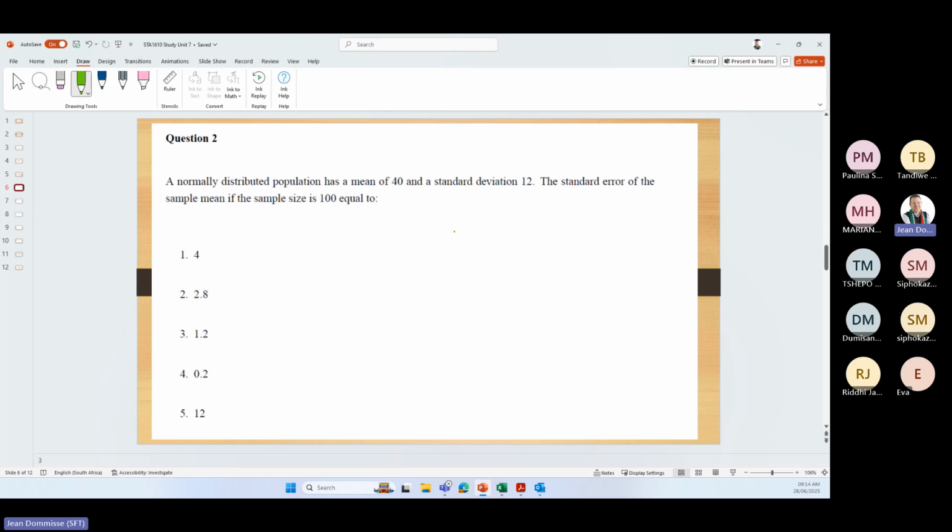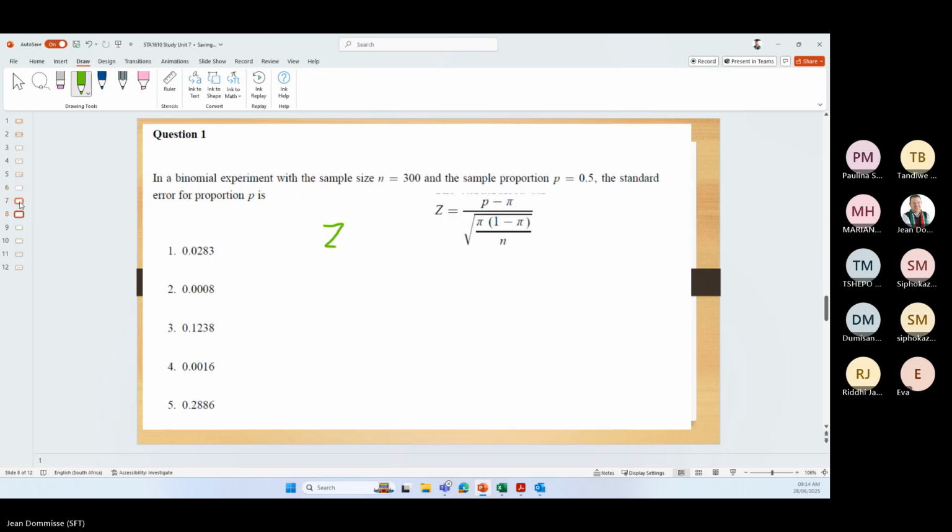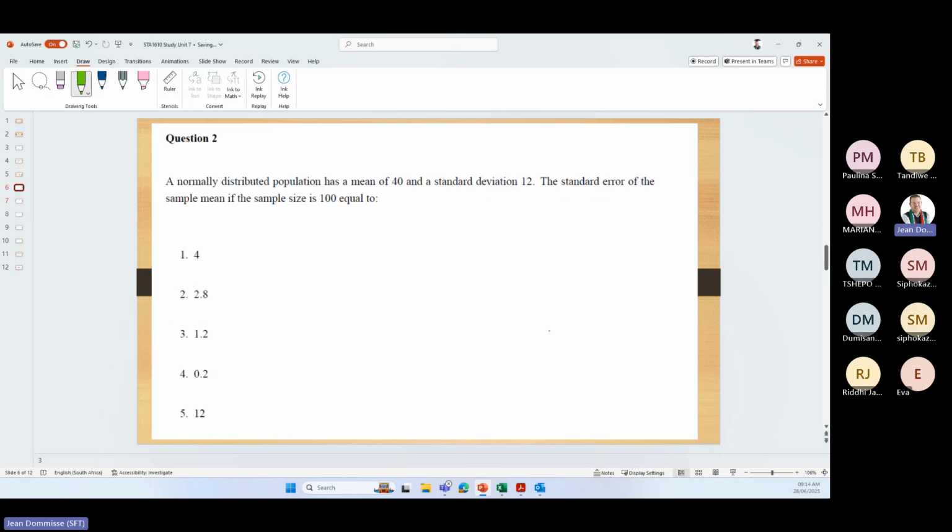Okay, so standard error is, again, just the bottom component of this equation. So that part is your standard error. And so what we need is your standard deviation.